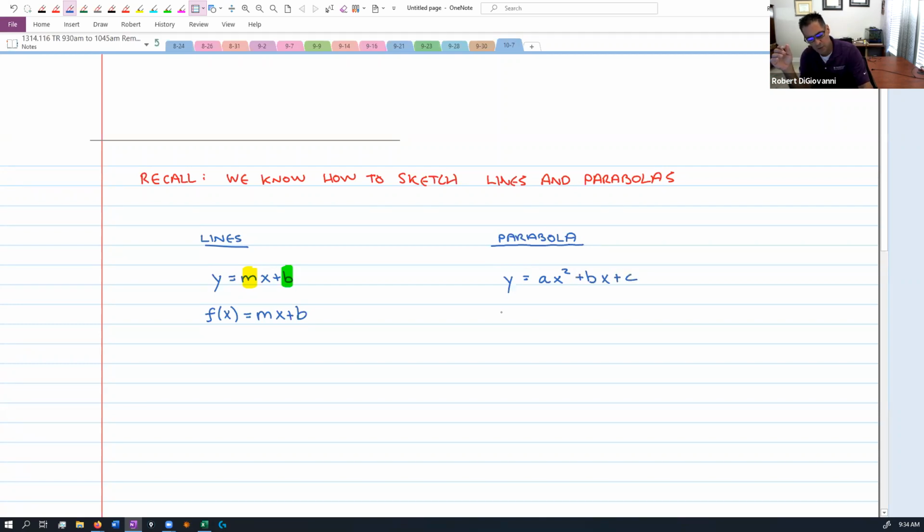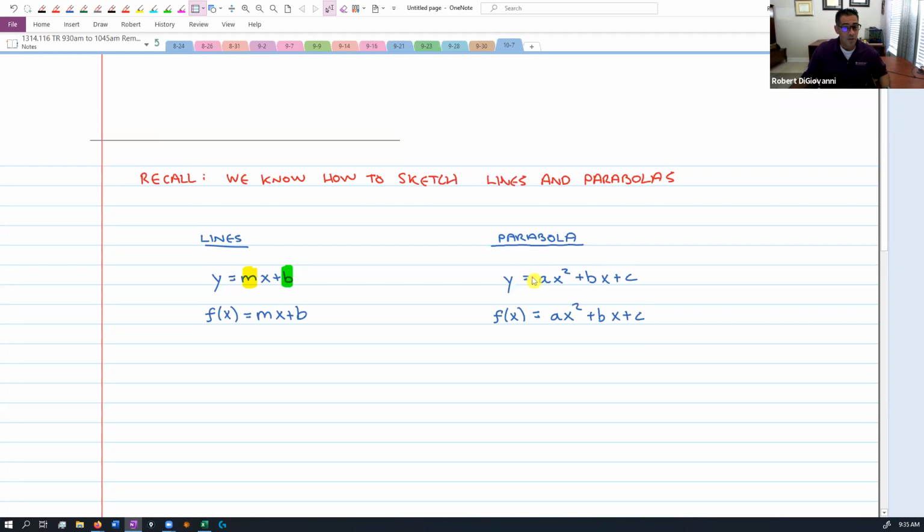Or again, if you want to change the y to f of x and look at it as a function, it looked like this. Right? So we should be somewhat comfortable with this. Would you all agree? We've done this, we've been tested on it, we've got these kind of down. The steps for doing these are different. The process for graphing a line is completely different than the process for graphing a parabola.